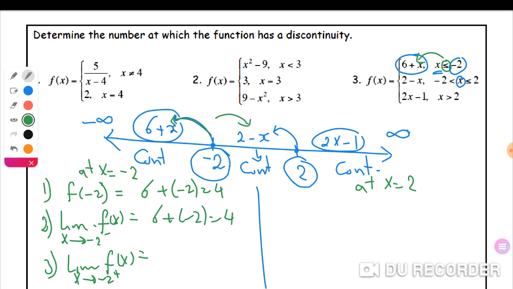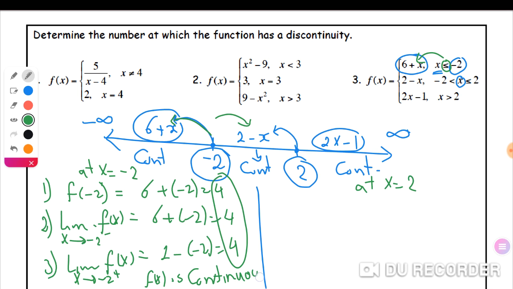From right, I have to replace in the rule such that x is greater than negative 2, it will be 2 minus negative 2, it will be 4. Since the value of the function equals the limit from left and the limit from right, f of x is continuous at x equal negative 2.